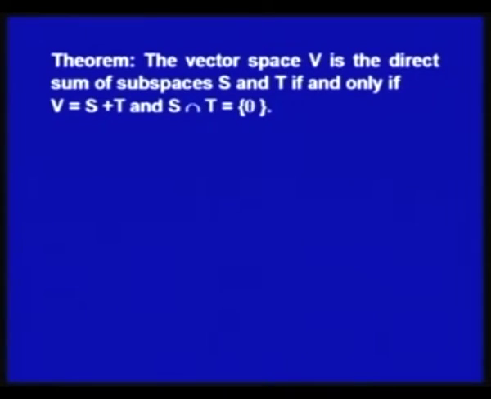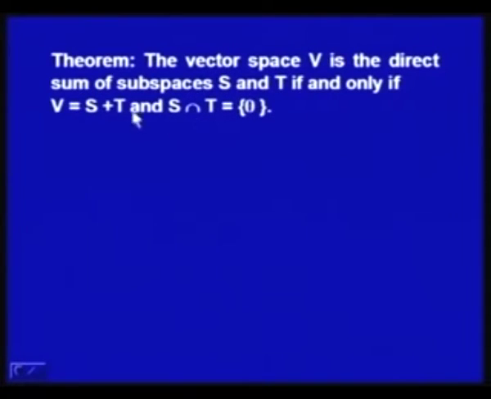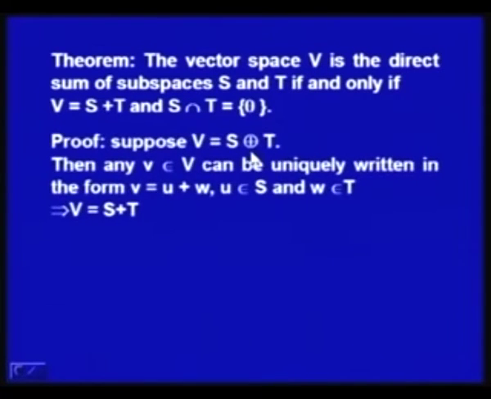The basic difference between direct sum and sum is that while we can express V as the sum of S and T, here this representation is unique, and this is guaranteed by S intersection T being equal to 0. So, let us try to prove this.